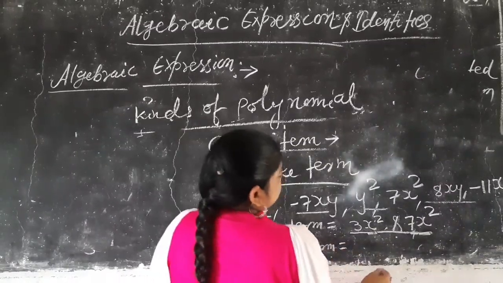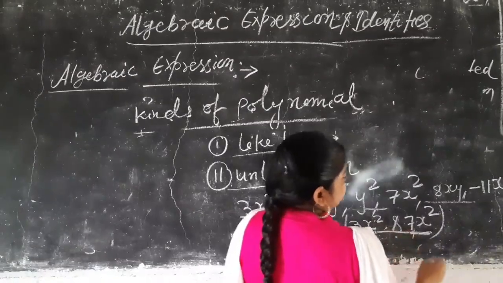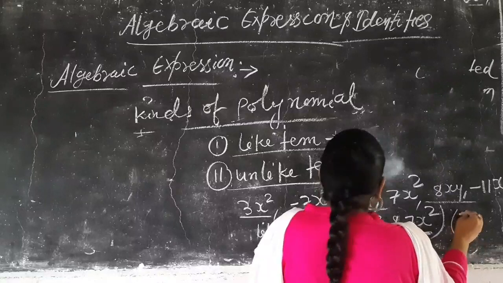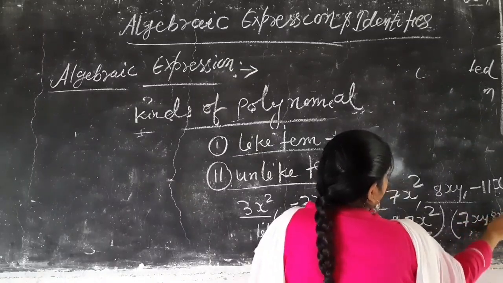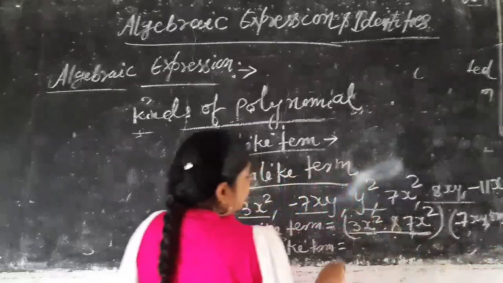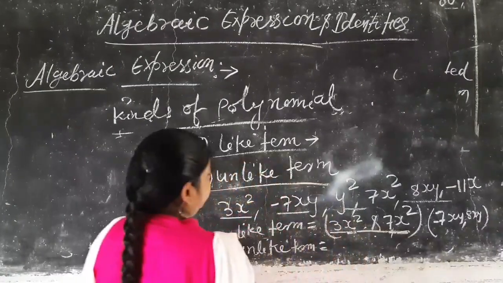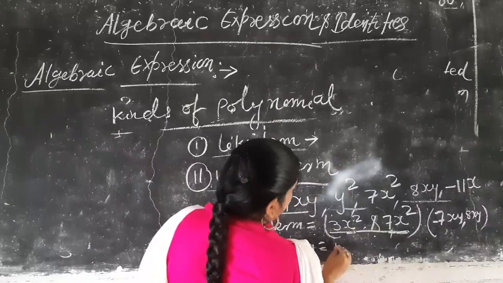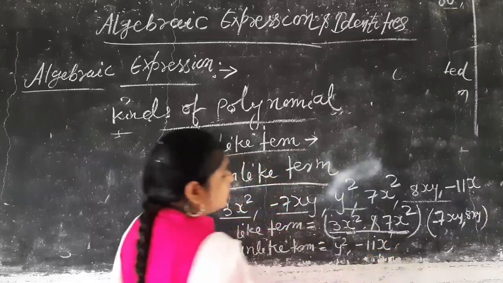In this example, the pairs of like terms are 3x square and 7x square, minus 7xy and 8xy, and unlike terms are those that are not equal, such as y square and minus 11x.